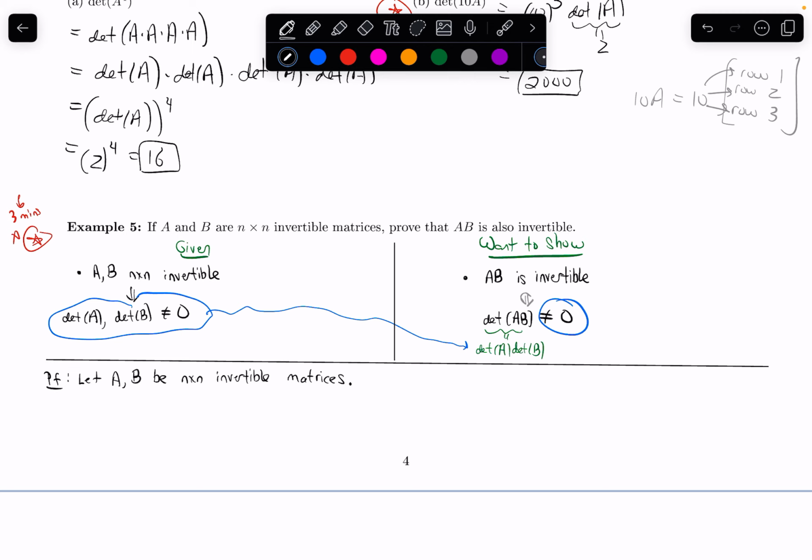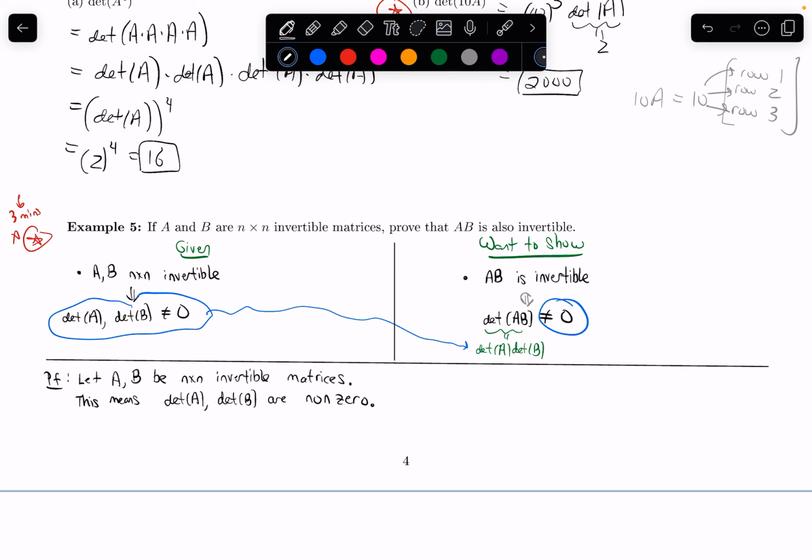So I'm going to let A and B be n by n invertible matrices. So this means, now I'm going to break down what this means in terms of determinants, that the determinant of A, the determinant of B, both of those determinants are non-zero.